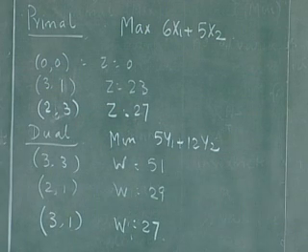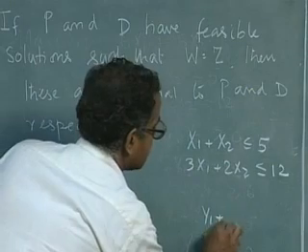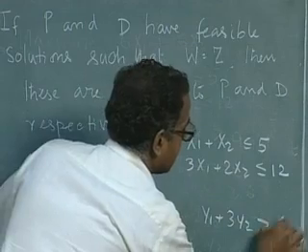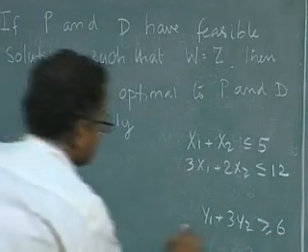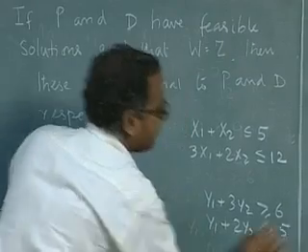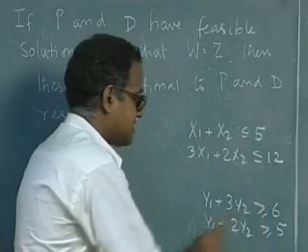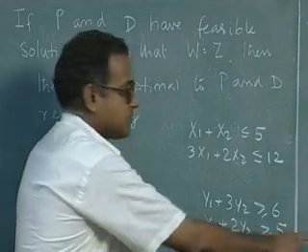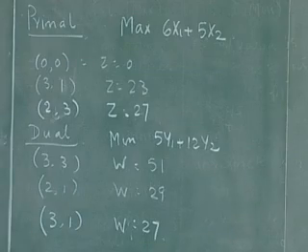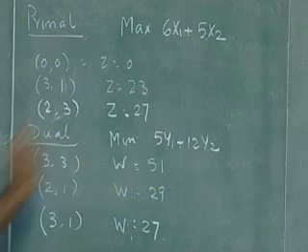The dual constraints are y1 plus 3y2 greater than or equal to 6 and y1 plus 2y2 greater than or equal to 5. Now let us look at 3 comma 1, 3 plus 3 into 1 is 6, 3 plus 2 is 5. So 3 comma 1 is feasible to the dual, has objective function value 27, 2 comma 3 is feasible to the primal, has objective function value 27.